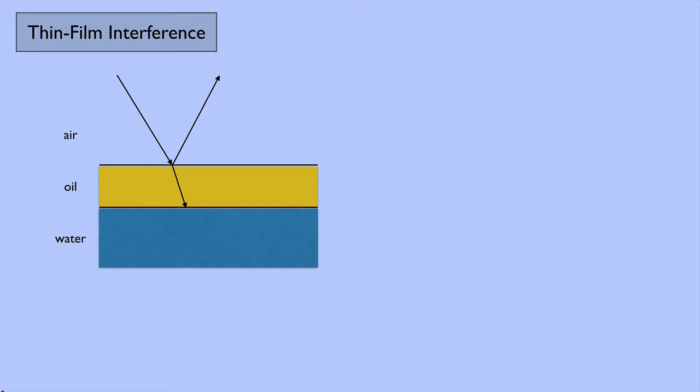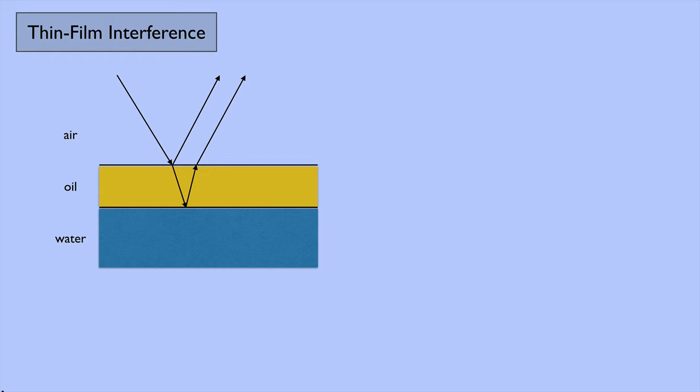And so again, some of this gets reflected and some of it gets refracted. I'm not going to draw the refracted ray because I don't really care about that one. I just want to look at the reflected ray here. And now I have an oil-air boundary once again, and this time some of it's going to get reflected. I won't draw that ray. And some of it gets refracted.